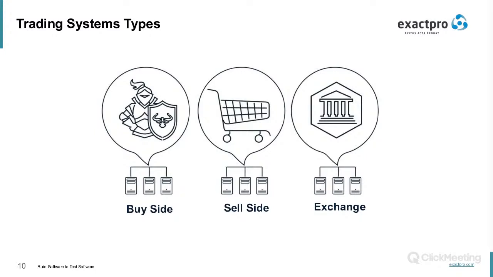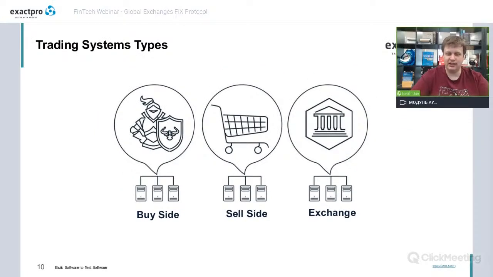Buy side are the companies that are using financial services provided by other companies to submit their orders. This can be proprietary trading, high frequency traders, various funds, etc. They use sell side brokers to submit their orders. Brokers process their orders and send them to the exchange.